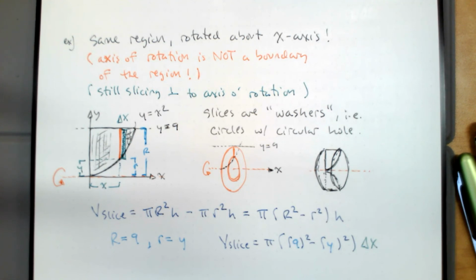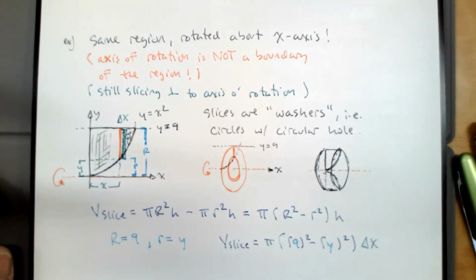The last step is to put this into a Riemann sum and then turn our Riemann sum into a definite integral, where all this discrete stuff becomes continuous. And then the second last step is to decide what values of x produce a slice.